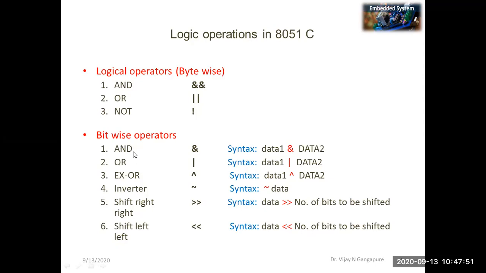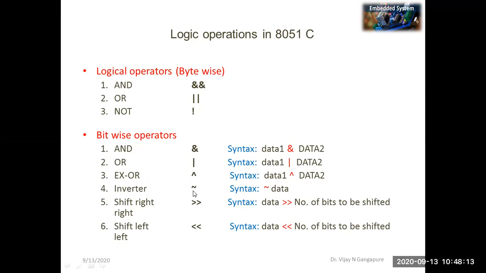So these are the bitwise operators. Total 6 bitwise operators are there, and these are the actual operators that we will use while programming. Single ampersand means bitwise AND operator. Single bar means bitwise OR operator. Caret means bitwise XOR operator.